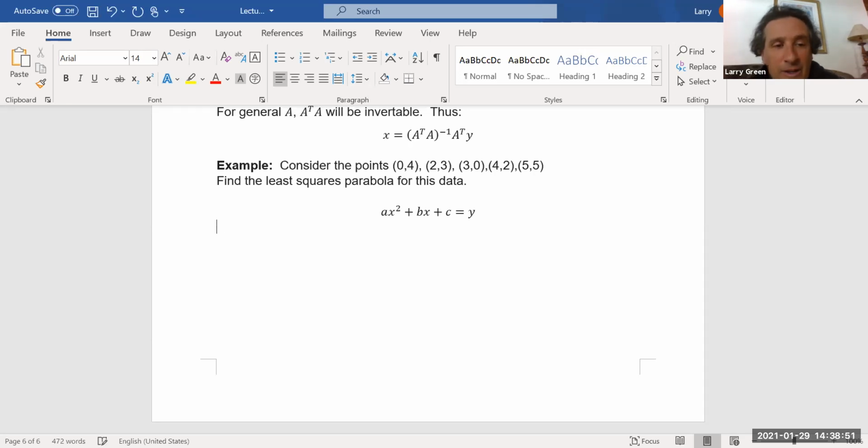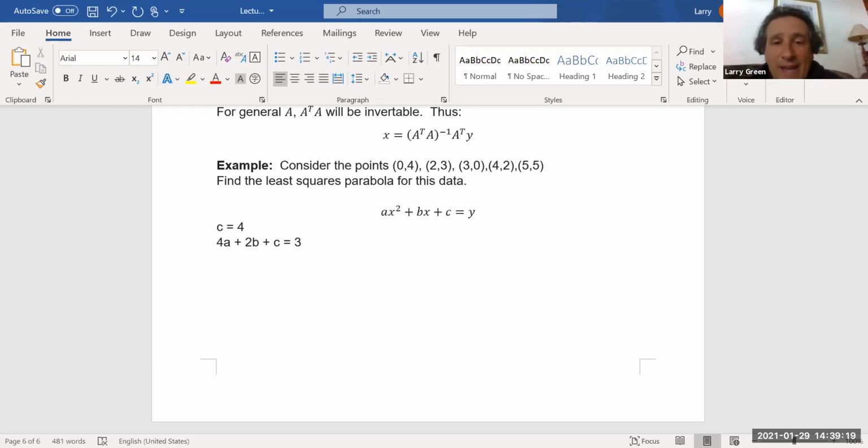Now be careful, because C actually doesn't equal 4. I know that sounds really dumb, but I'm just letting you know for now. And then if X is 2, you're supposed to get 3. So we get 4A plus 2B plus C is equal to 3. Got it?